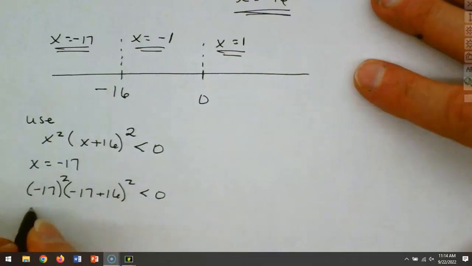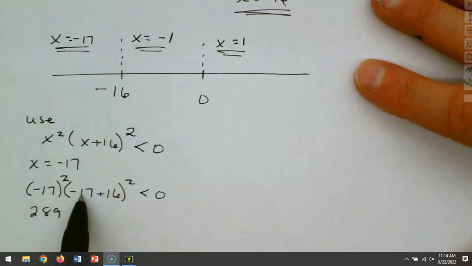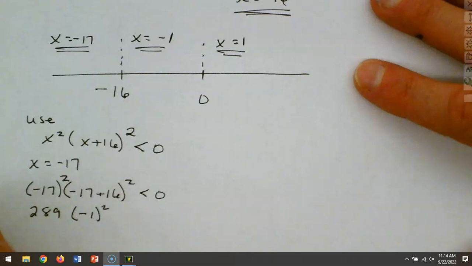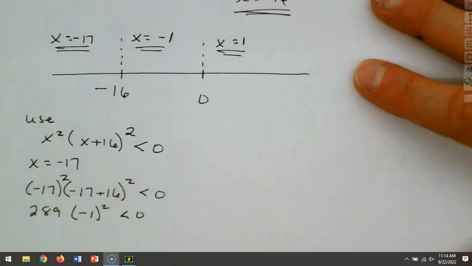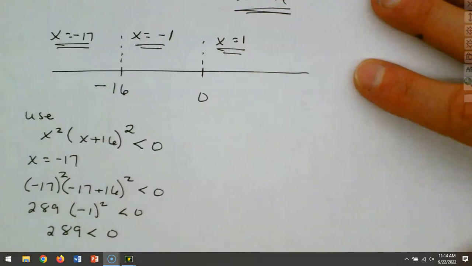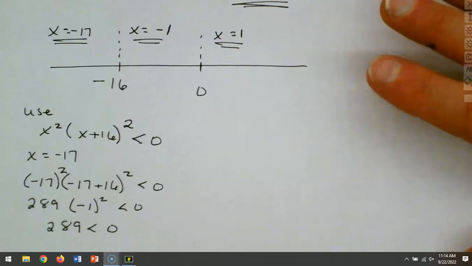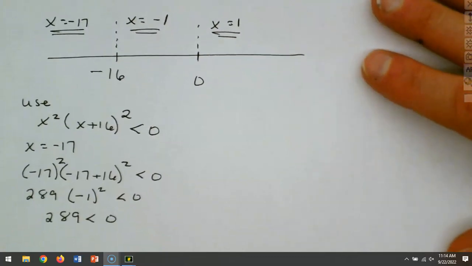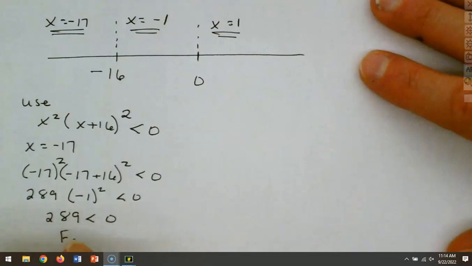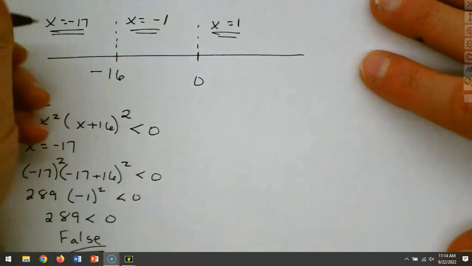Positive, so that's a 289. Negative 17 plus 16 makes it a negative 1 squared. And when we square a negative 1, it becomes a positive. And is 289 smaller than 0? Is that true or false? False. And it should be, because that's what we assumed it would be.